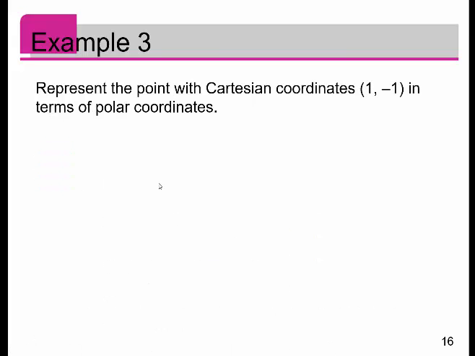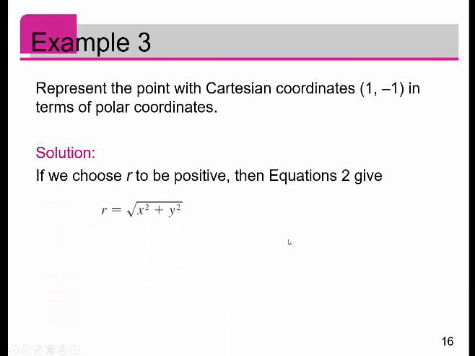All right, so if we choose r to be positive in this case, then remember, think about what that means in terms of what the angle will be. So then r is equal to the square root of x squared plus y squared. This is just the square root of 1 squared plus -1 squared, which just gets me the square root of 2. So that's the radius.